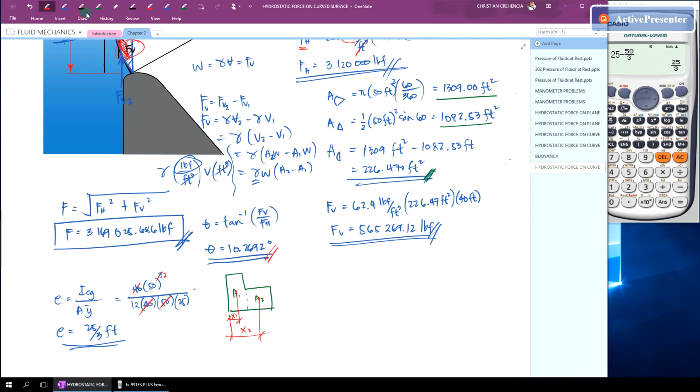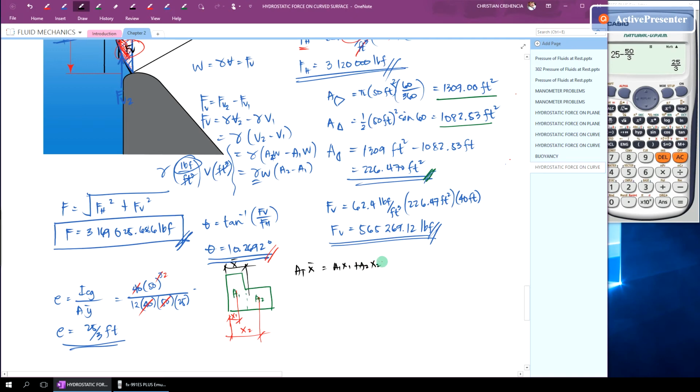Okay, then kung hinahanap is yung centroid nitong buong area. So let's call that, somewhere dito, let's call that x bar, para sa buong area. Then to solve for x bar, equation natin dito is yung total area multiplied by x bar is equal to area 1 x1 plus area 2 x2.